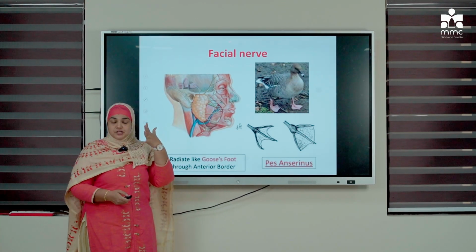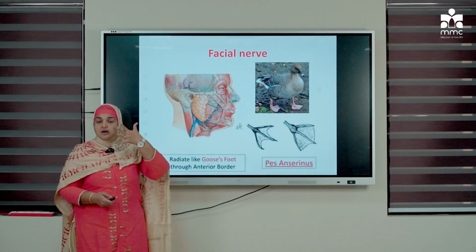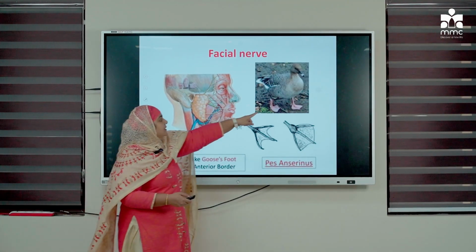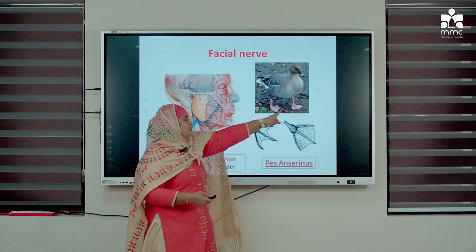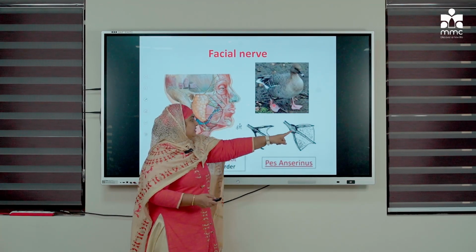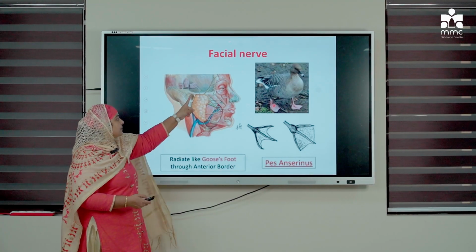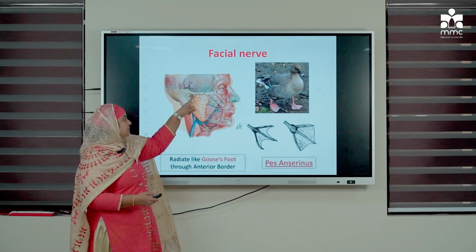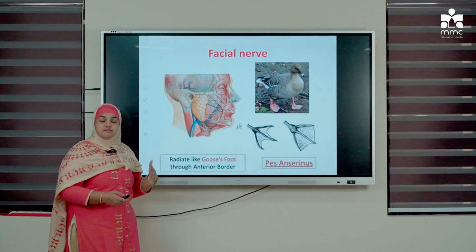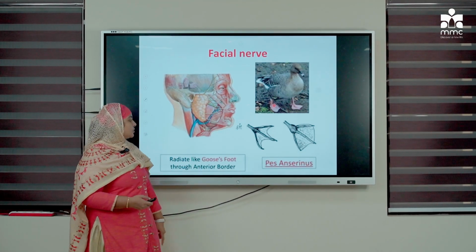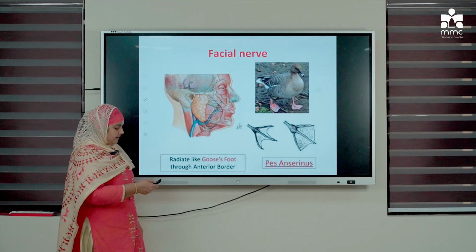When the branches of the facial nerve emerge on the face out of the parotid gland, they appear like the webbed feet of the goose. Because of this appearance, the facial nerve emerging from the parotid gland on the face is called pes anserinus, also called goose feet.